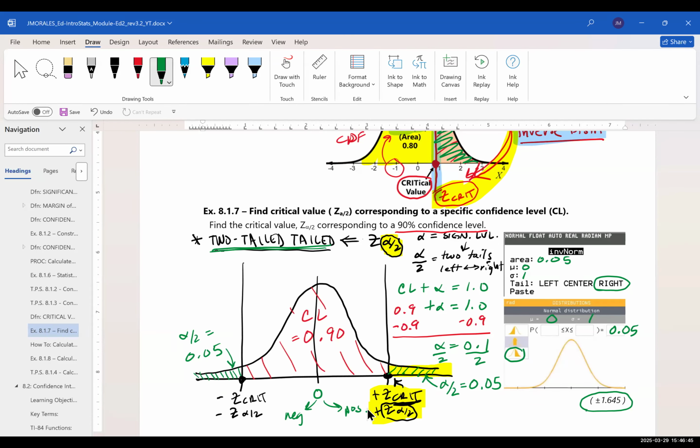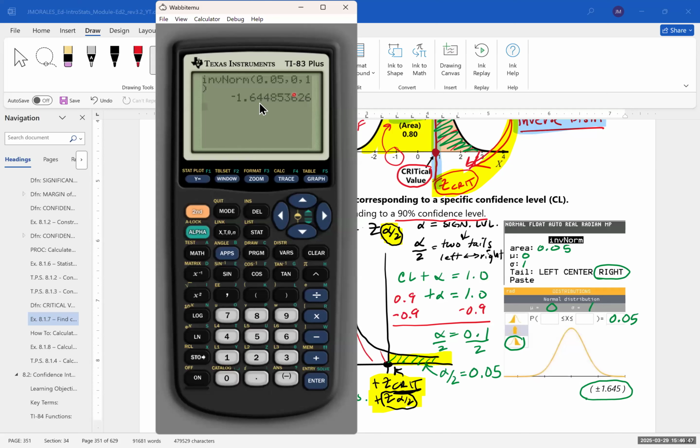But this is particularly the reason why I decided to write my own inverse norm function as a program. So if you click on programs, and I've installed this onto your calculator, there's an inverse N83. When you run that, you put in your area. So I'm going to put 0.05. Actually, let me put in 0.9.